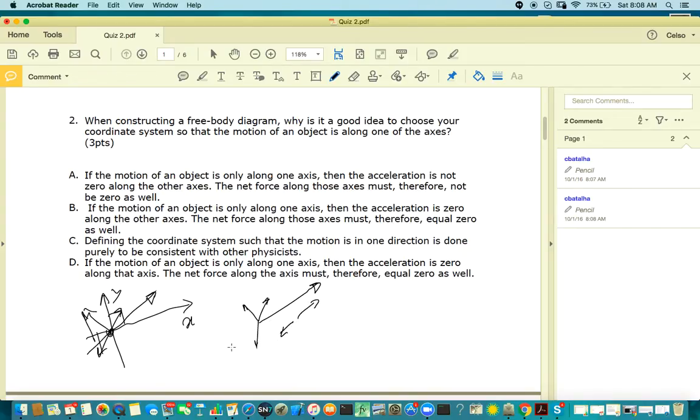So if you choose an axis that coincides with the direction of motion, like this, once you find your net, you only need to worry about the projections along these axes. You don't need to worry about y if you want to deal with acceleration, because the net of forces in my x-axis is going to be equal to m times the acceleration, and that's the only one you have.